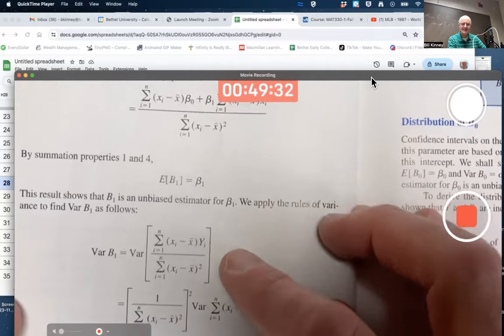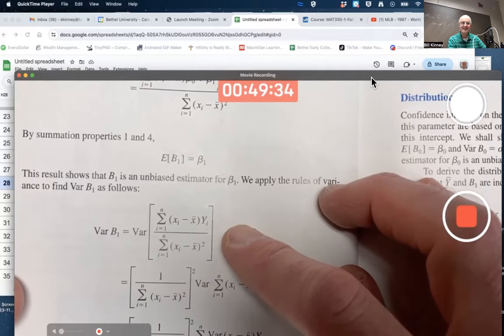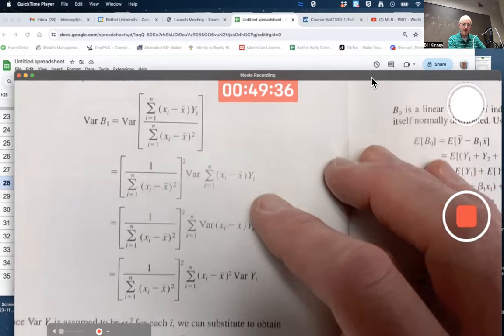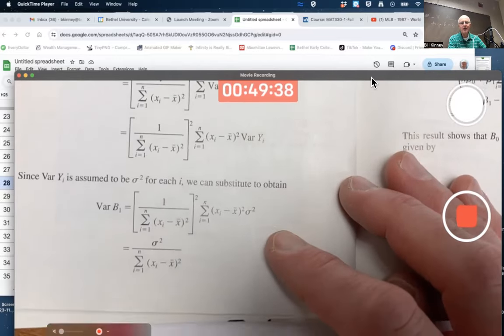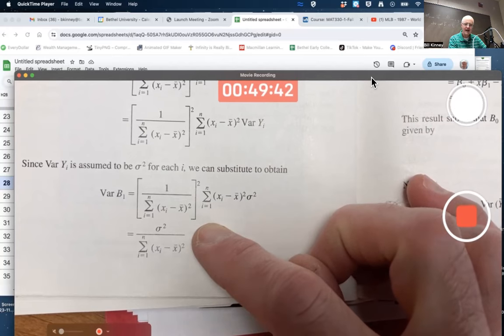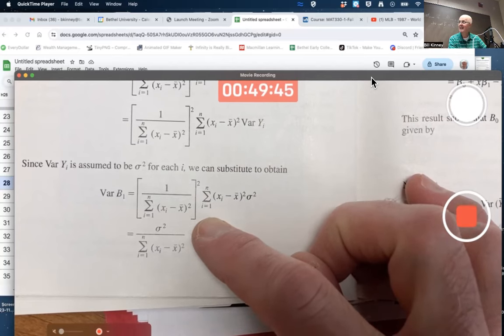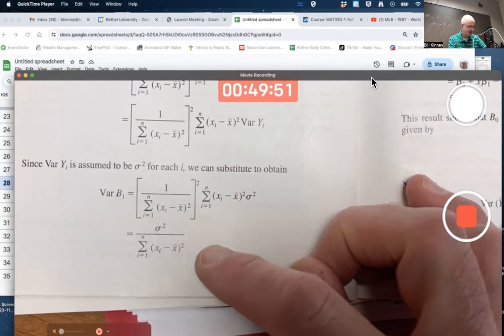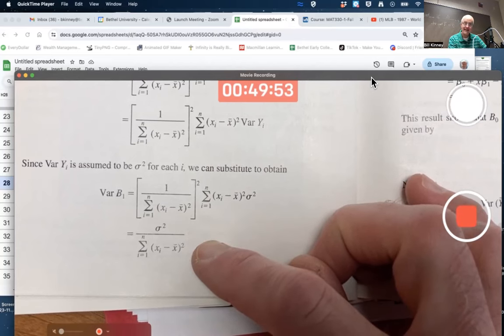Next thing to do, variance of B1. There's the variance of B1. What in the world? Sigma squared is the assumed population variance for the yi's, no matter what x is, and that's SSXX, our friend from Tuesday.